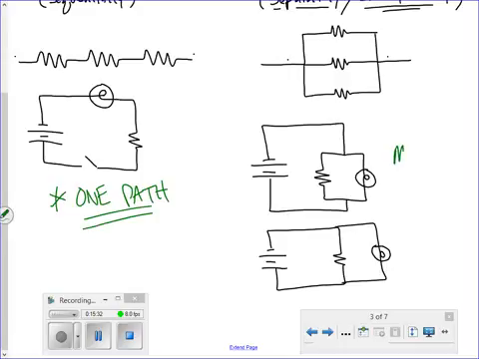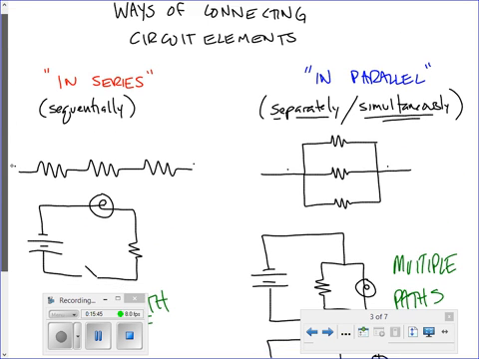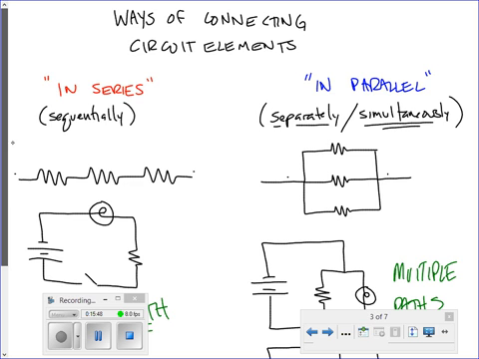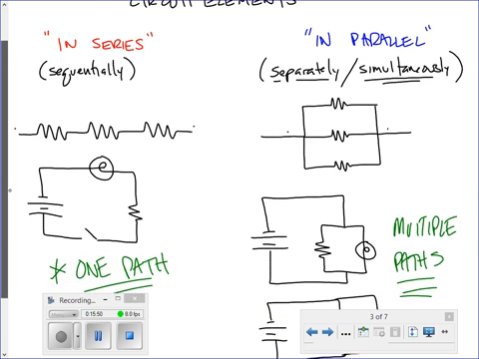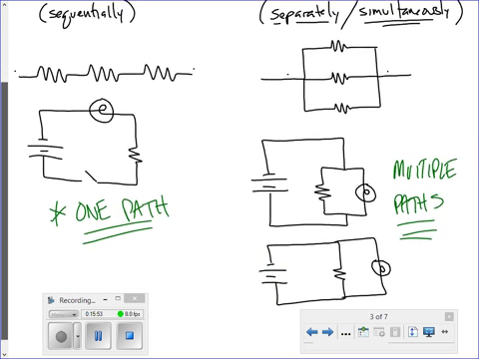Big deal here: multiple paths. This is very likely review for lots of you, but necessary for all of you. Hopefully, if you haven't seen this before, this helps when you get to the next video, which is about connecting multimeters. Okay. Bye bye.